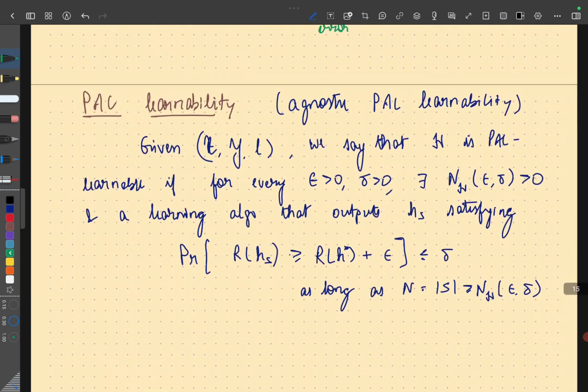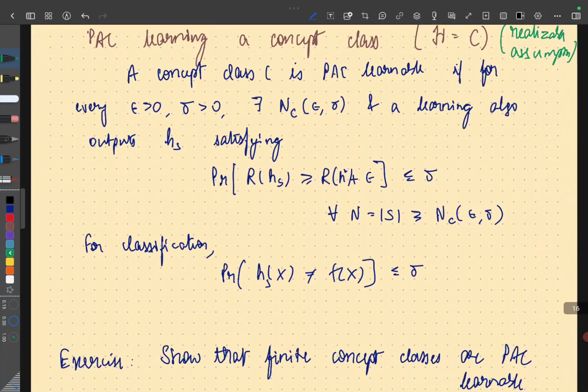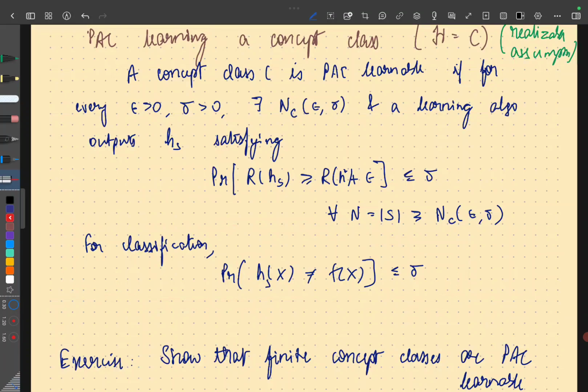If not, you can always use the general definition. The definition of general PAC learnability always holds. But the specialization comes here, that you can actually achieve 100% accuracy.